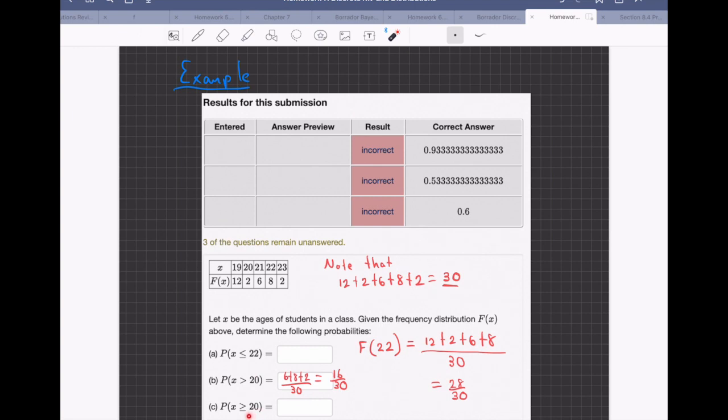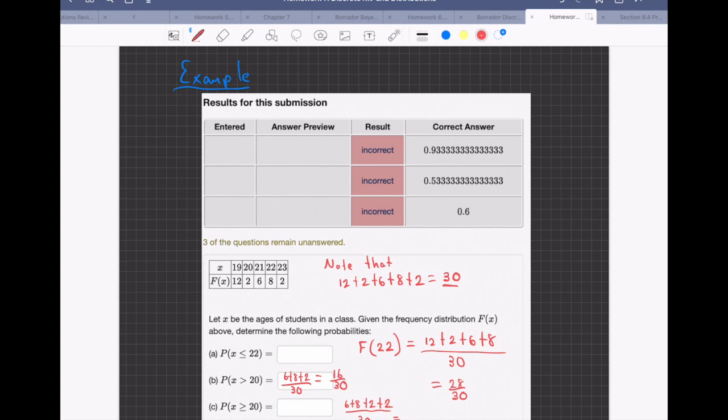Finally, greater or equal than 20. In this case, it's going to be the same as before, 6 plus 8 plus 2, but you have to include the 20 in this case. The frequency for 20 corresponds to 2. So plus 2 divided by 30.